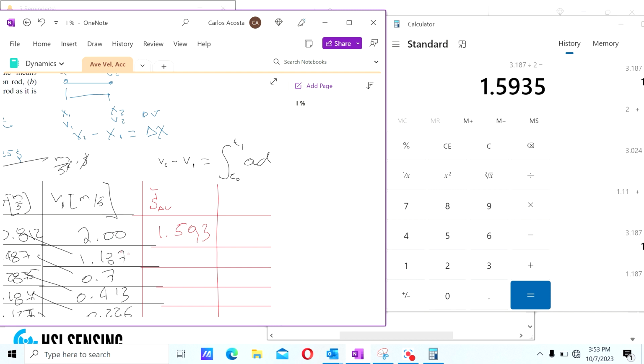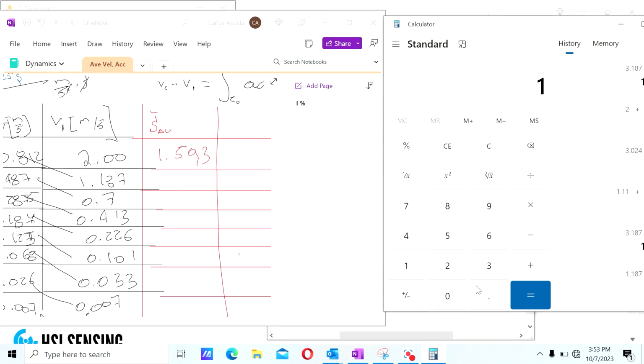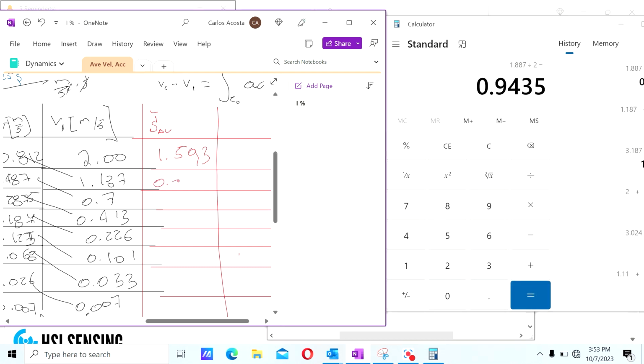Okay, so now 1.187 plus 0.7 divided by 2, 0.9435.